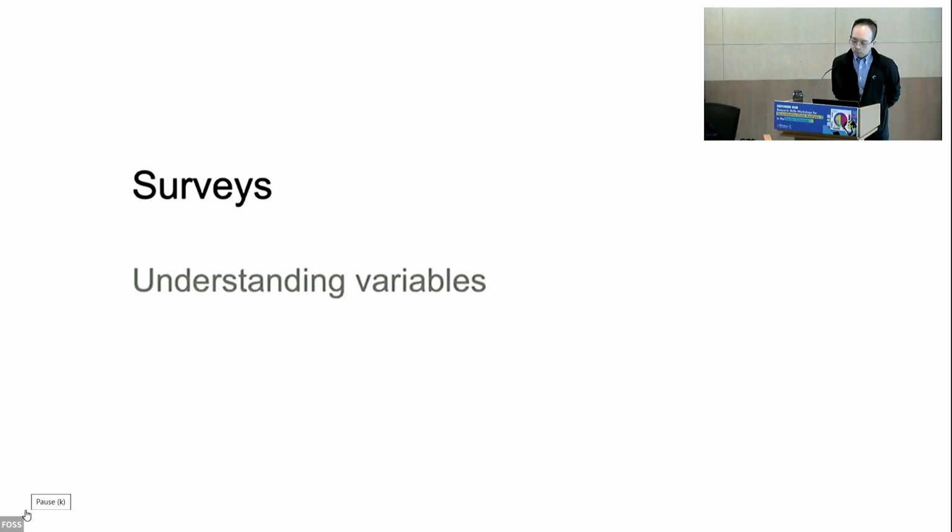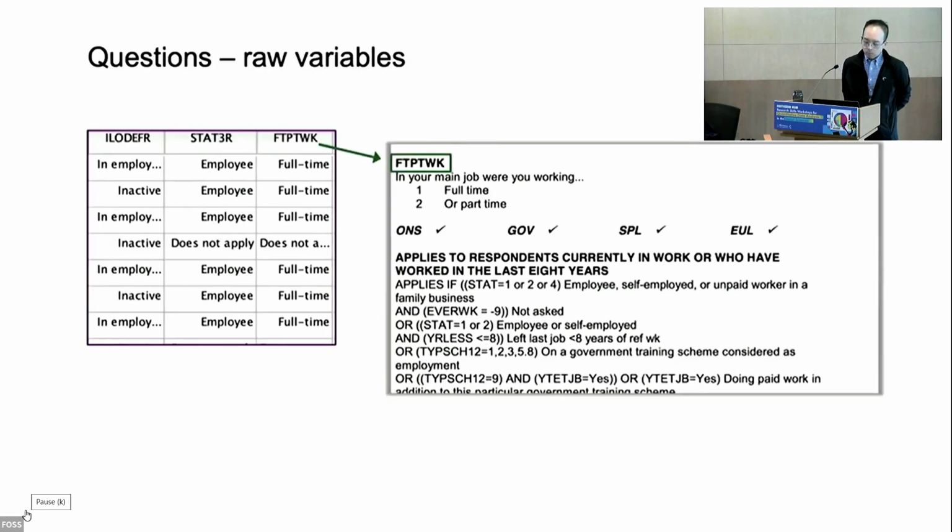Good survey design uses questions that elicit useful responses and enable meaningful comparisons between groups to be made. A well-documented survey will allow you to trace back to the question that was asked to see who was asked the question and how. Some of the responses are stored in their raw form in the dataset and are easy to trace back to the question asked. For example, these images show the full-time, part-time work variable as it appears in the data file in SPSS and the information that appears in the questionnaire.